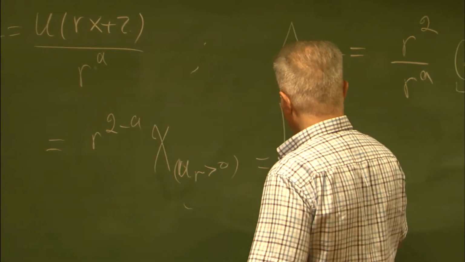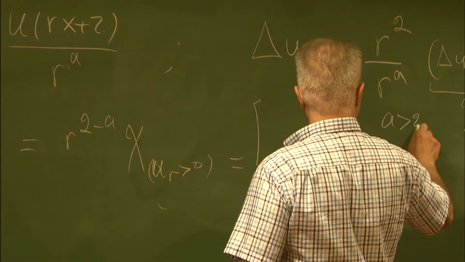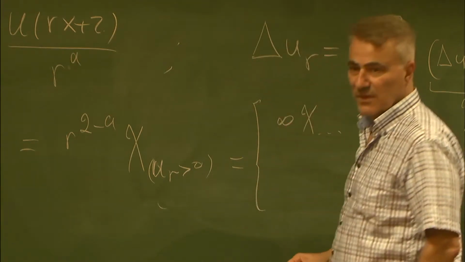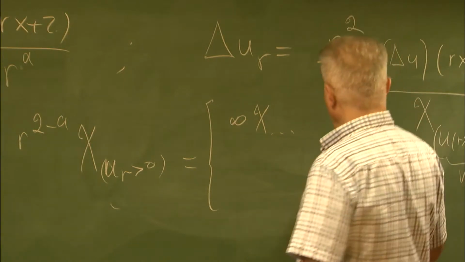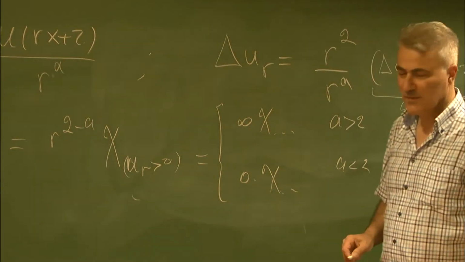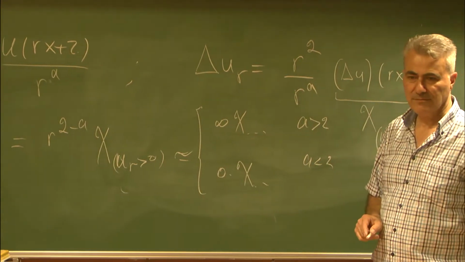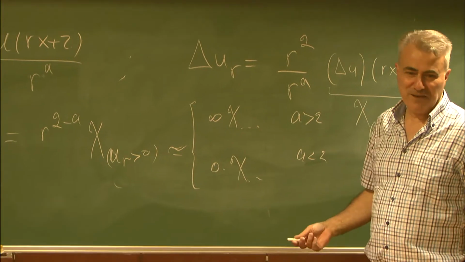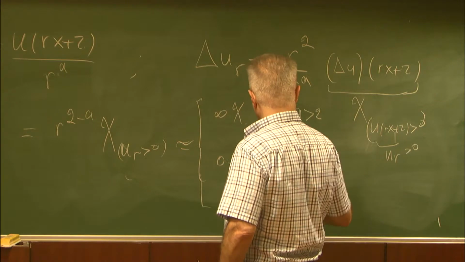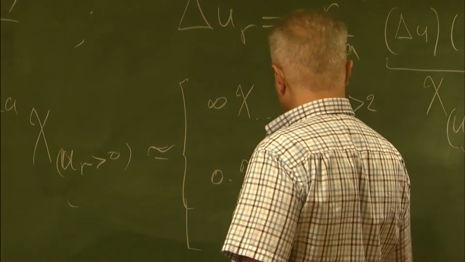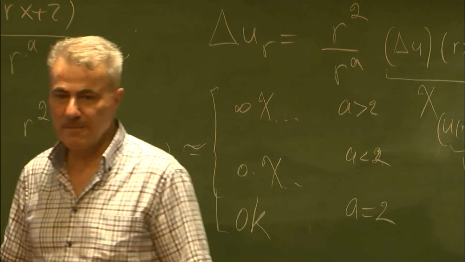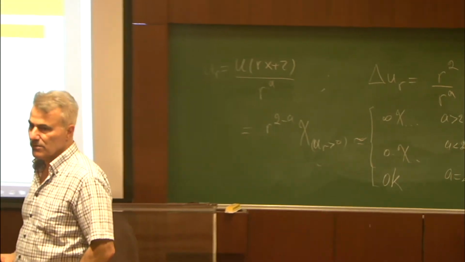So if A is larger than 2, then it is almost like infinite times the characteristic function when R is very small. If A is less than 2, it's approximately 0 times the characteristic function. So in either case, I have trouble here. So I have to choose A is 2. Okay, so A equals 2 is okay.